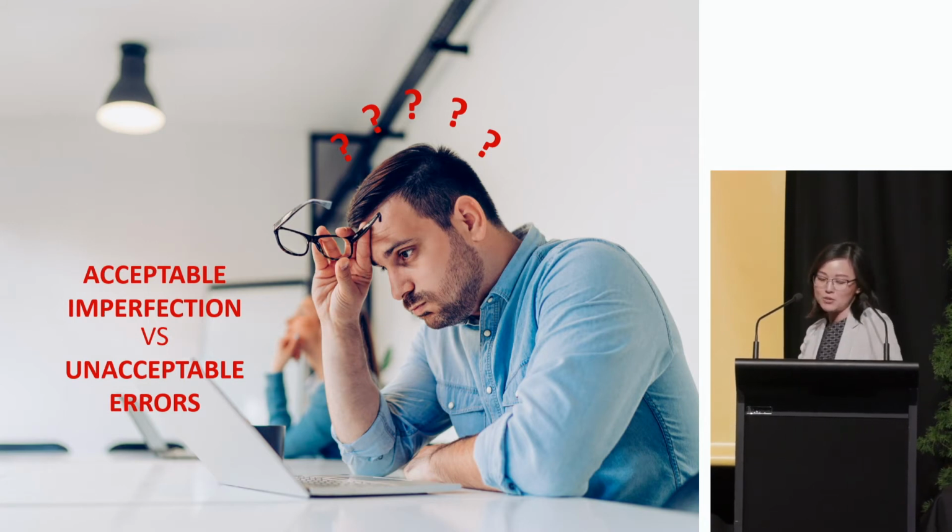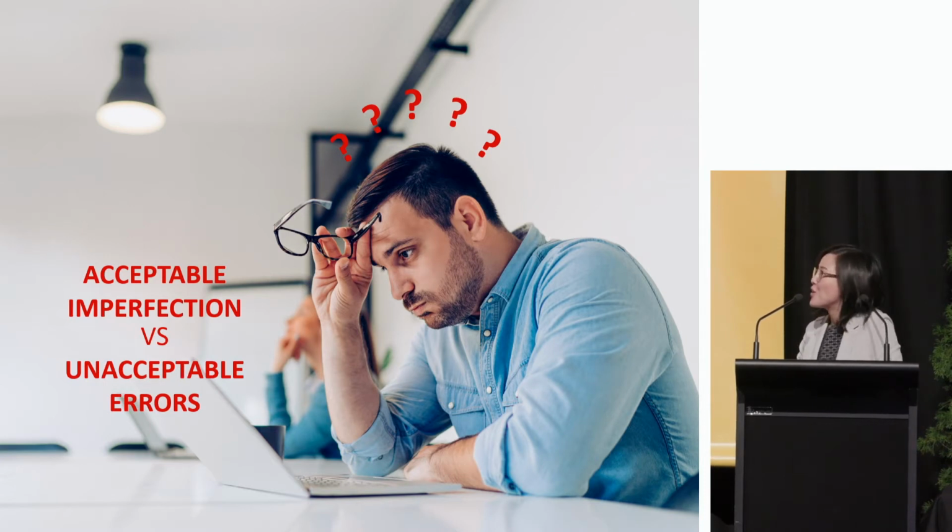And then at the macro level, it could be loose regulation. You guys may know the leaky buildings that we faced in Auckland. So some mistakes can be acceptable imperfections, or they can be catastrophic, unacceptable errors. But again, mistakes still do happen.